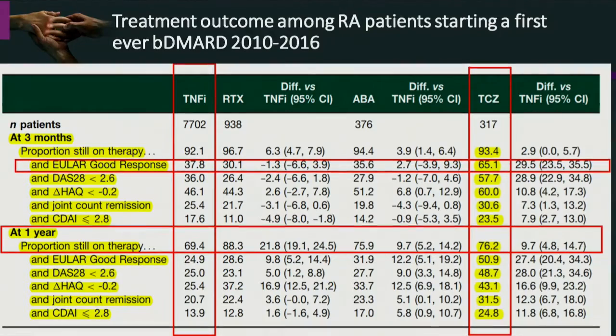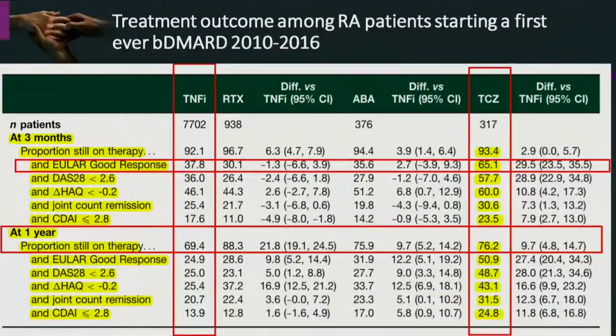They stopped anti-TNF. So the drug survival rate is low in anti-TNF as compared to tocilizumab, where almost 18% stopped the medication. Out of 93, 76 continued the tocilizumab. If we look at abatacept, out of 94, 76 continued the medication, which is almost 19% stopping. Now, rituximab is different.